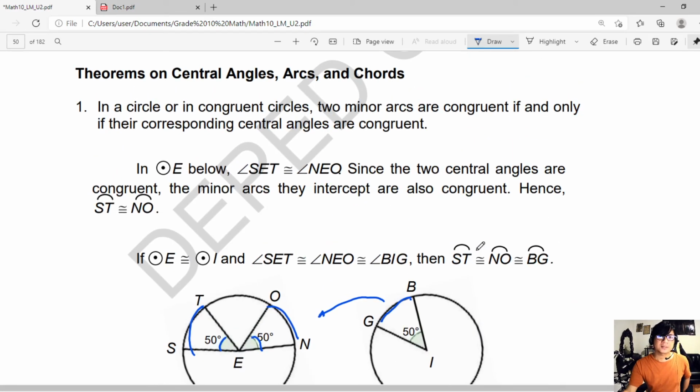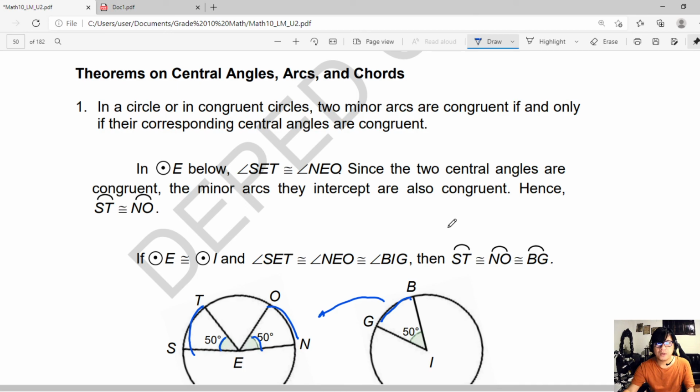Okay. So we are done discussing the different theorems about central angles, arcs, and chords, and also some terms related to circle. Wala kayong activity for this lesson. This is just a discussion.